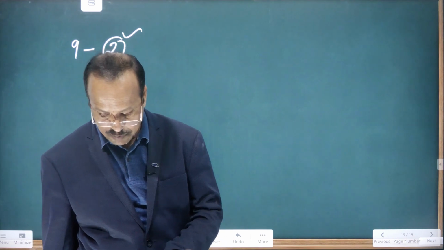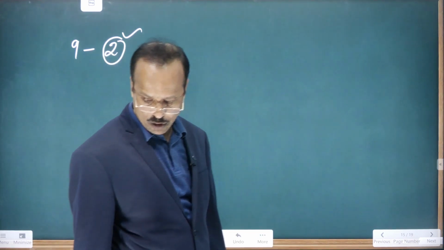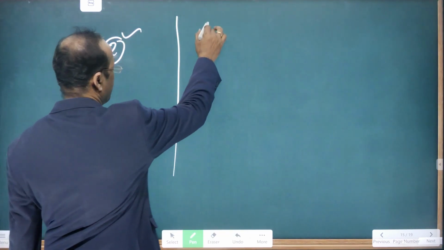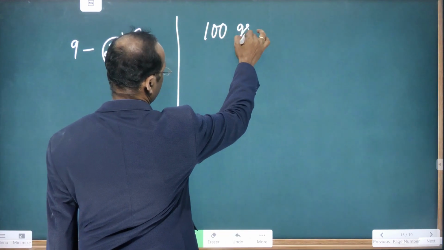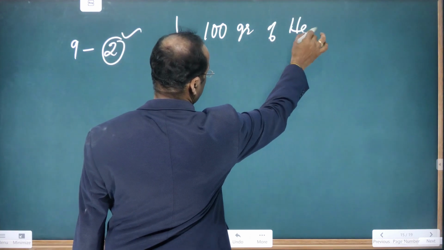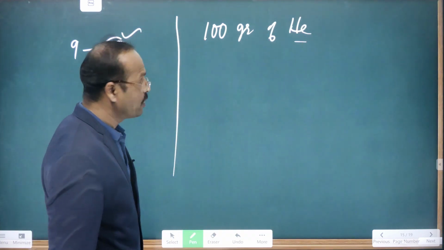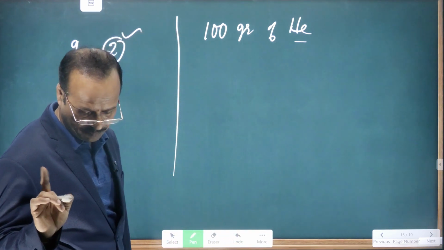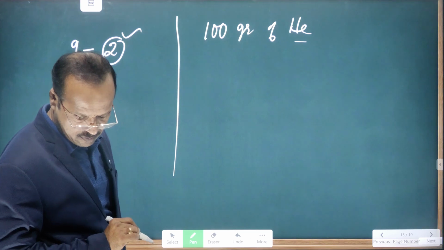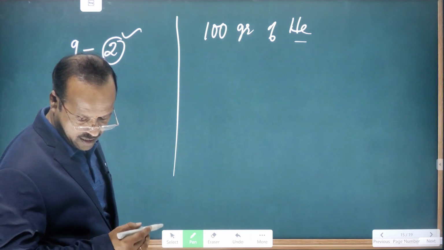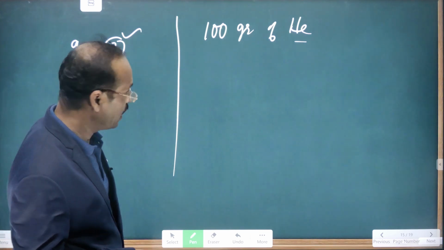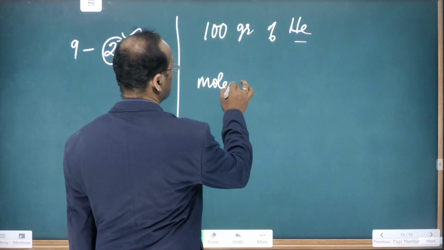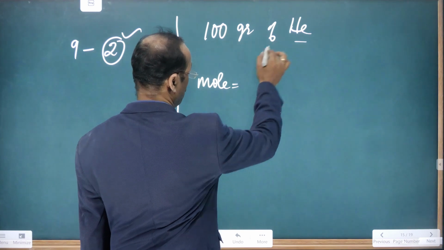The number of atoms present in helium, 100. So see here, 100 grams of helium is there. Now they are asking for the number of atoms. First you have to find the number of moles. Number of moles is equal to given weight by atomic weight.